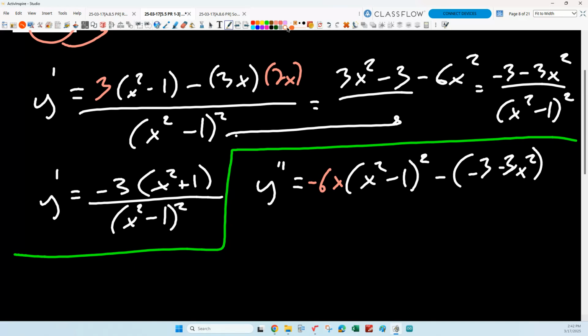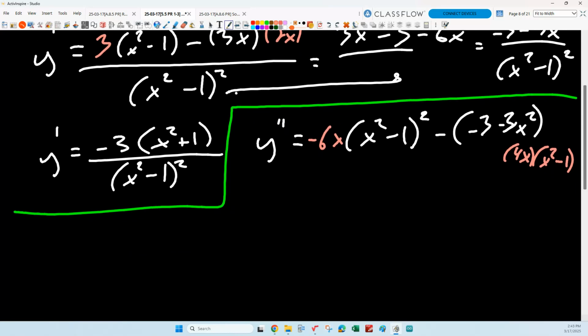Yikes, what's d low? Times 2, okay. Times 2x. So 4x times x squared minus 1. Agreed? Okay. And all over x squared minus 1 to the 4th.